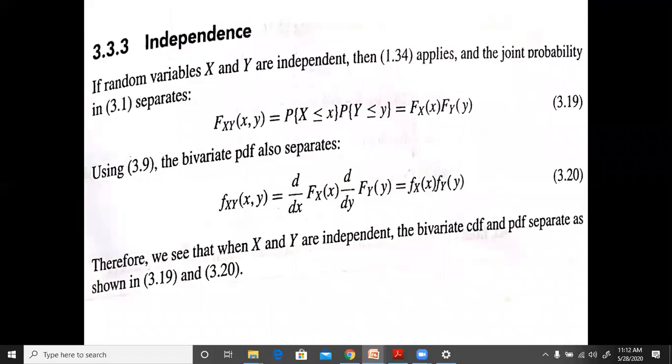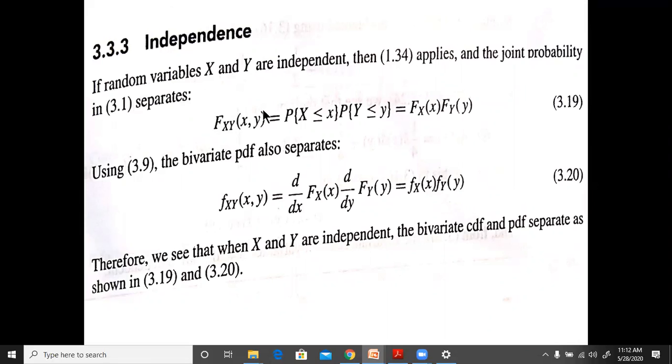And now we need to go for what is known as independence. If we have two different random variables x and y, then they are independent if the joint probability function separates.